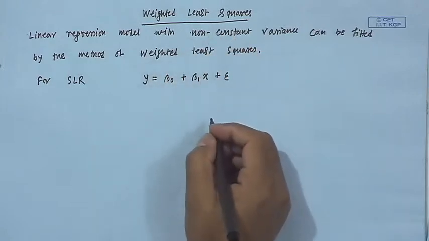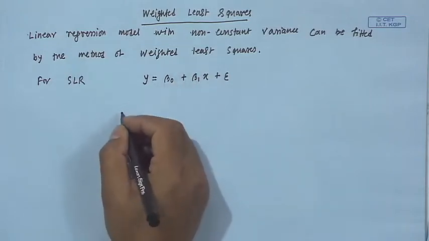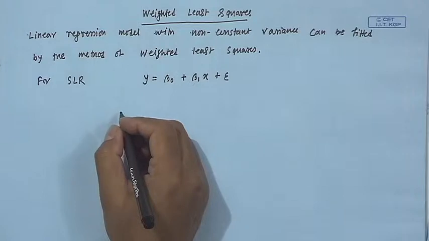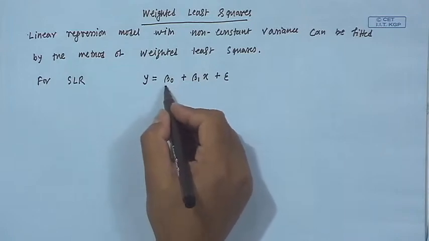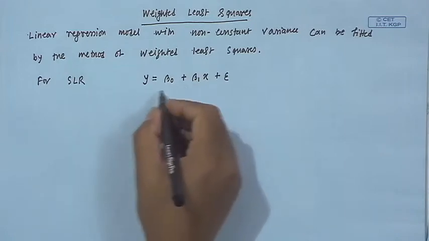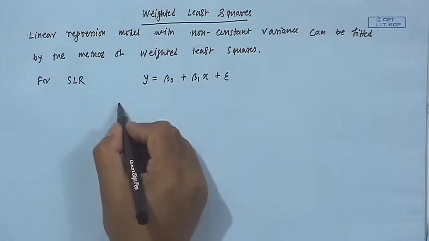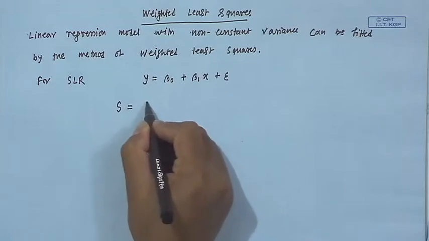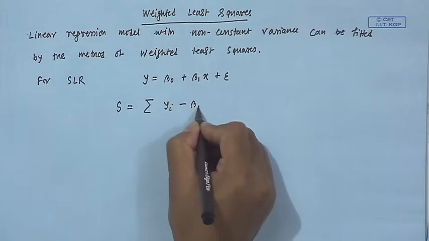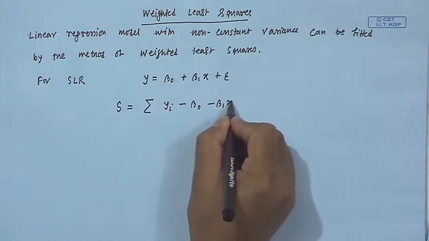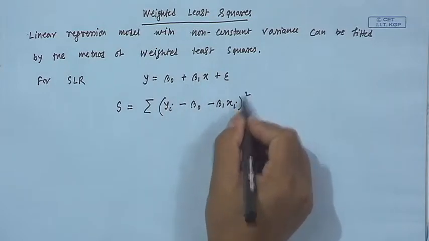The ordinary least square is a technique to estimate the regression coefficients, and there we estimate the regression coefficients beta naught and beta 1 by minimizing this quantity S equal to summation y i minus beta naught minus beta 1 x i whole square.